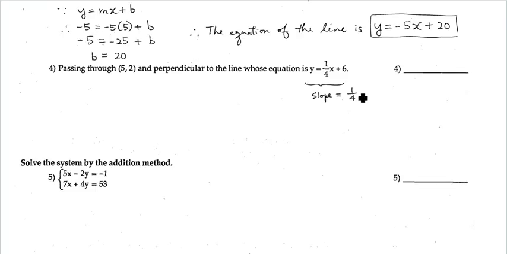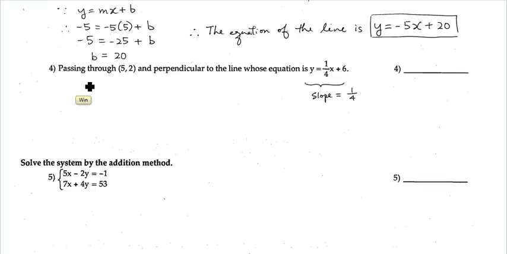For perpendicular lines, their slopes multiplied together become negative 1. So another way to look at that is one of the slopes would be the negative reciprocal of the other.